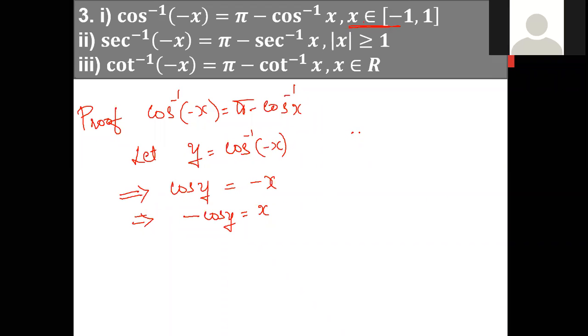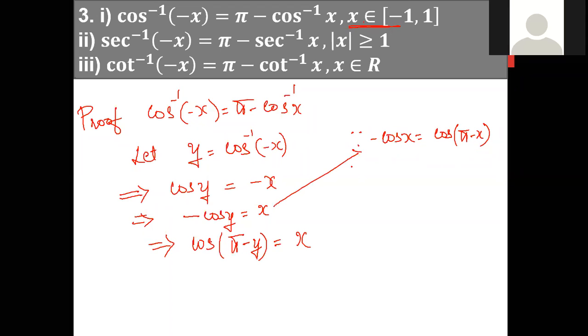But we know the property. What is it? Minus cos x is nothing but cos of pi minus x. Correct? So minus cos y, I can write it as cos of pi minus y is equal to x. I have used this property.